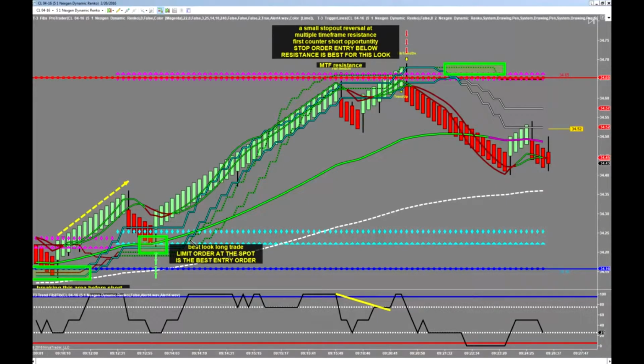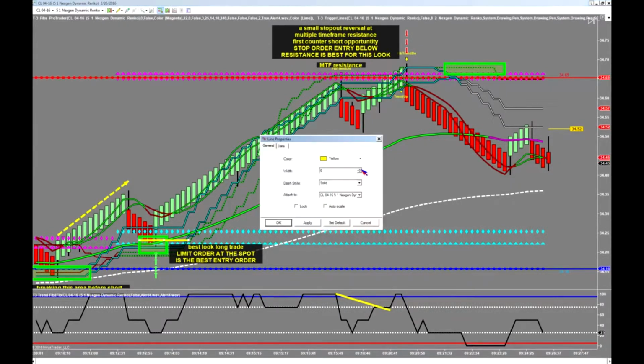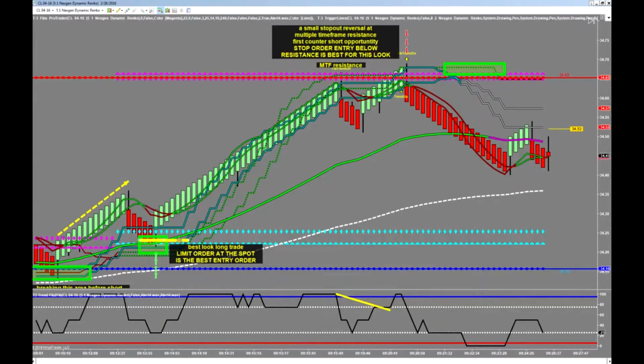So you want to have limit order entries where this yellow line is right here for your longs. Then a stop order entry below your triggers and below your fibs, I think, is a prudent entry for counter trend trading if you're going to go counter trend after a second retest of multiple time frame support or resistance.